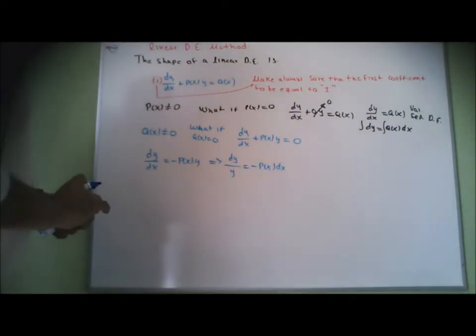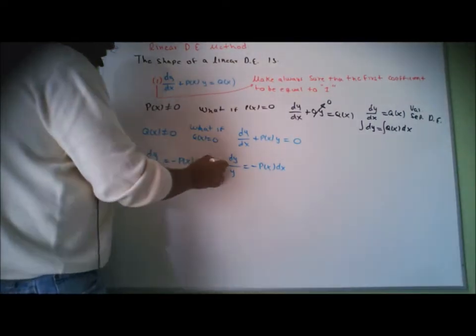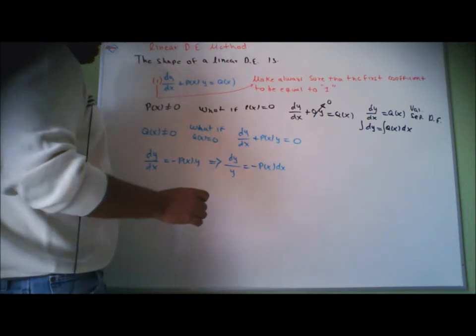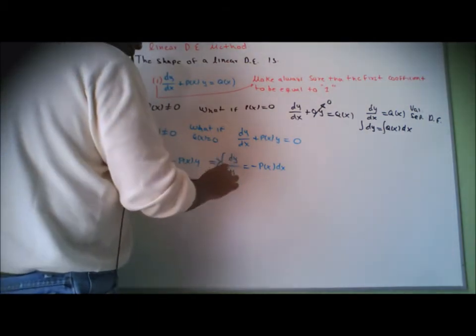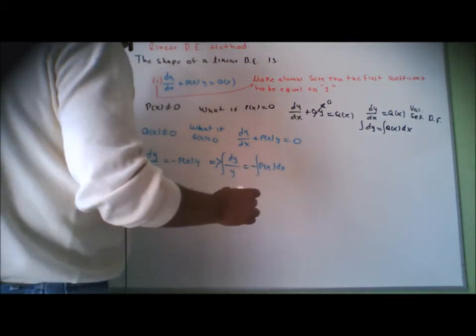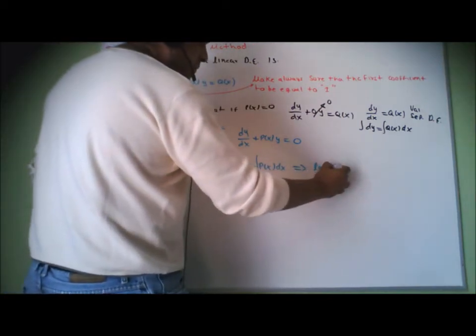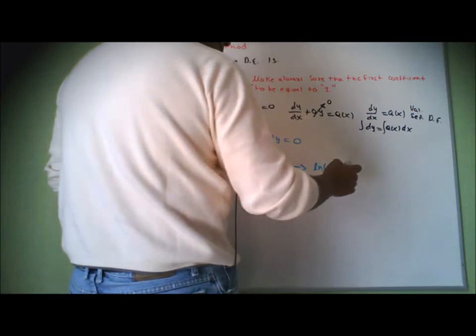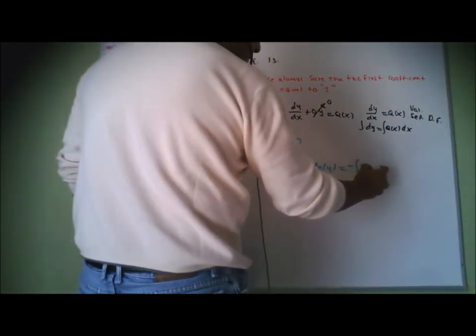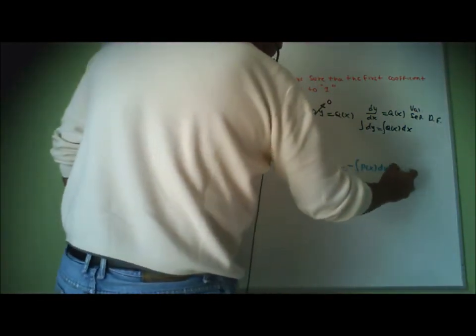Just for the sake of fun, let's solve this differential equation. So integrals on both sides. On the left, what you get is the natural log of y equal to minus the integral of p of x, differential of x, plus the constant.